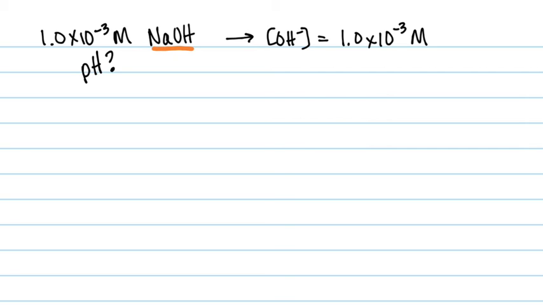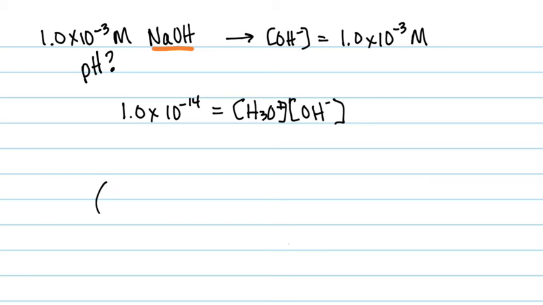For me, I'm going to start with the ionization constant equation, which is 1 times 10 to the negative 14th, hydronium ion concentration times hydroxide ion concentration. So once I put in my hydroxide ion concentration, just erasing that, writing it a little better, I can get my hydronium ion concentration, and then after I have that answer, I can go back and find pH using the negative log of the hydronium ion concentration.